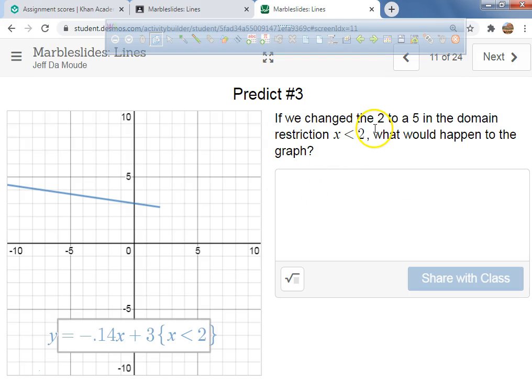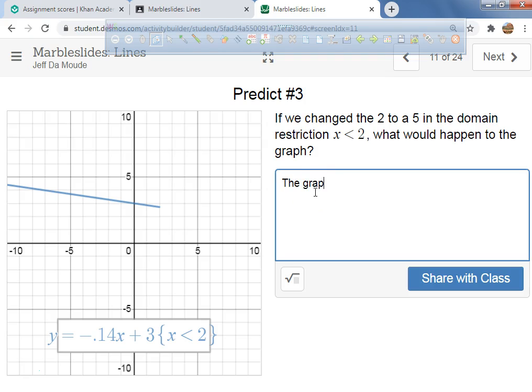If we change the 2 to a 5 in the domain, what would happen to the graph? Well, the graph would stretch out all the way to a 5. The graph would extend all the way to where x was less than a 5.